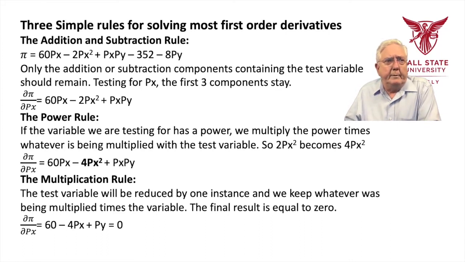There's 1 here, so it becomes 60. There are 2 here, so it just becomes a 4PX. And there's 1 here, so it becomes PY. And then we set that equation equal to 0. So that's how we do it. That's not so bad. And if you do this, you're going to be able to solve many problems very simply.